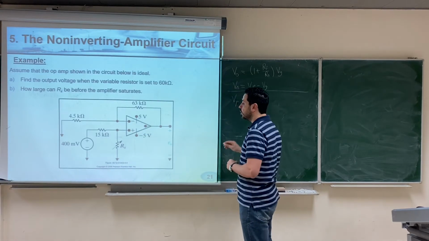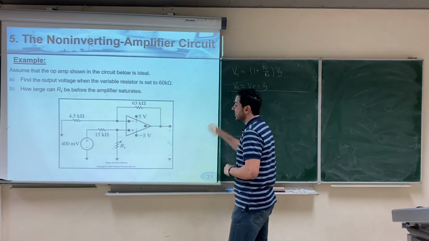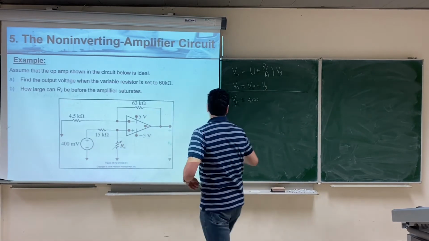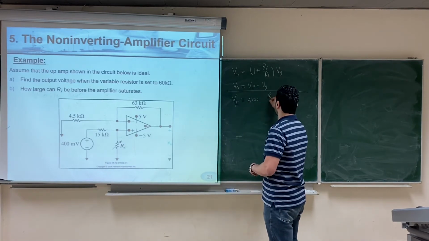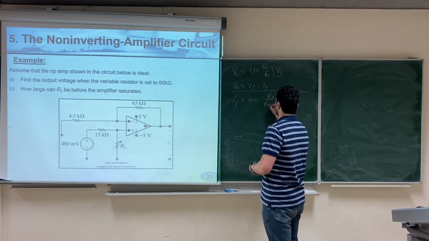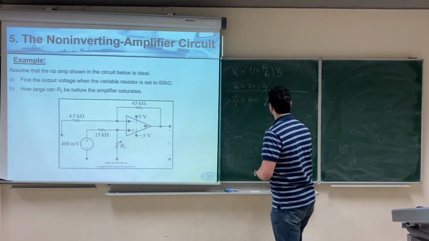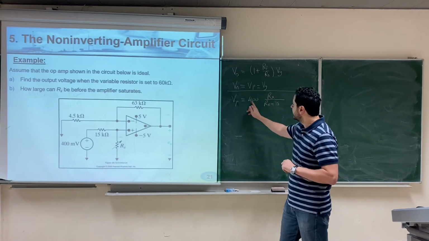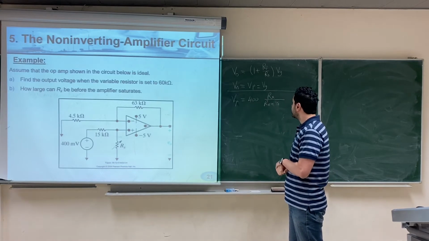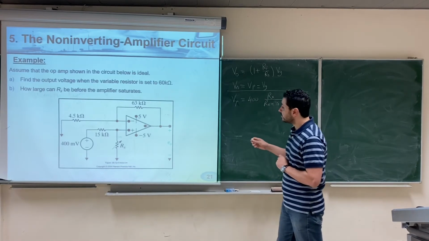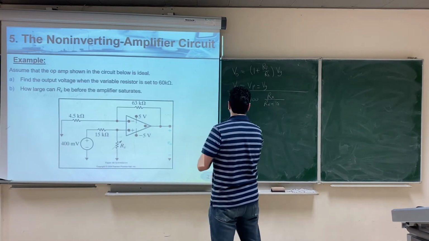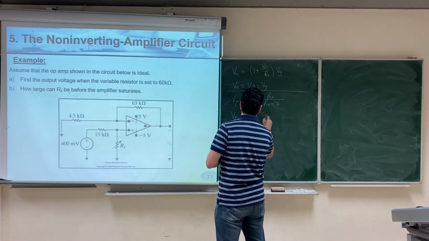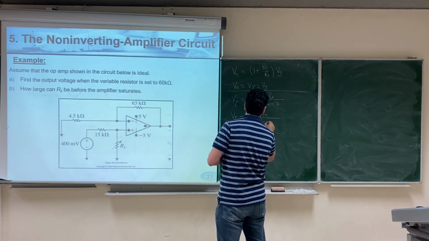equals 400 millivolt multiplied by this resistor divided over the sum. So 400 millivolt multiplied by Rx over Rx plus 15 kilo. So let's keep all the resistors in kilo and the voltage we'll use in millivolt. So here Rx is given as 60 kilo ohm, so we can say that Vp will be 400 multiplied by 60 kilo over 60 kilo plus 15 kilo.